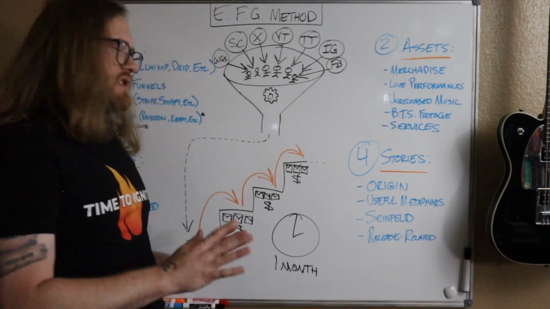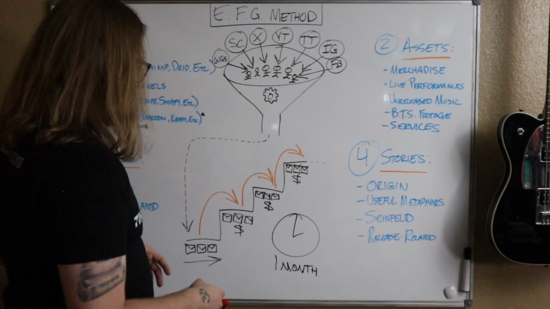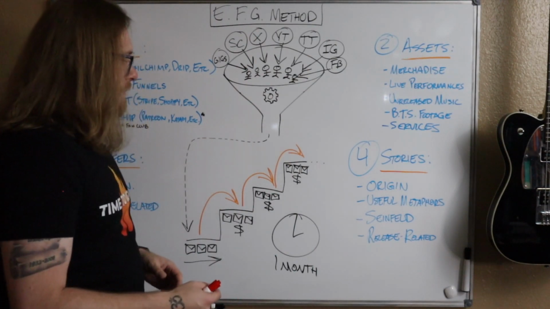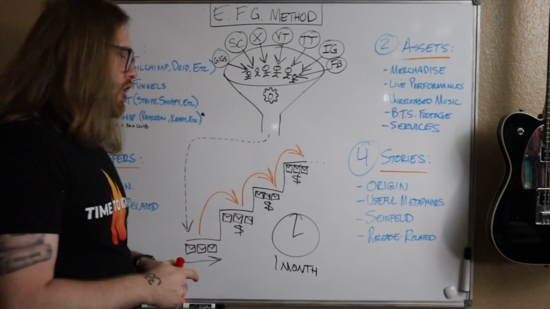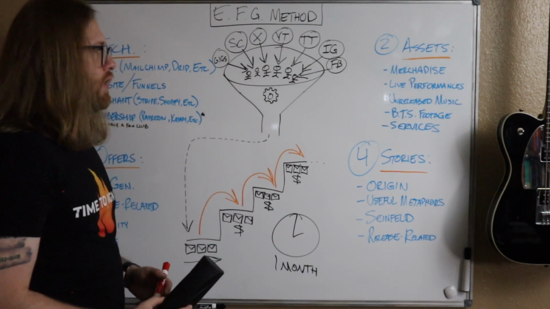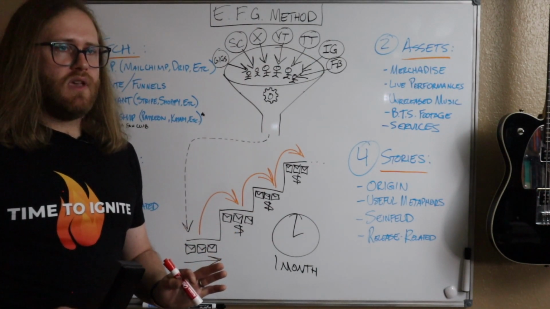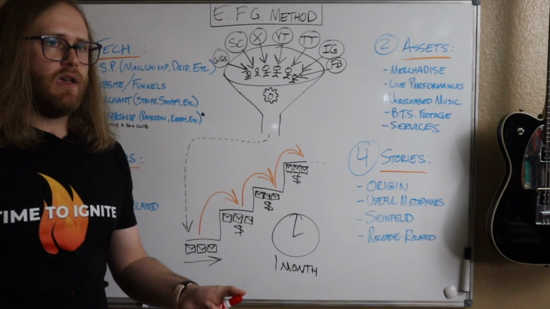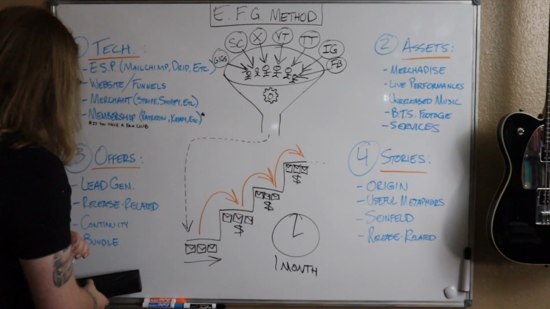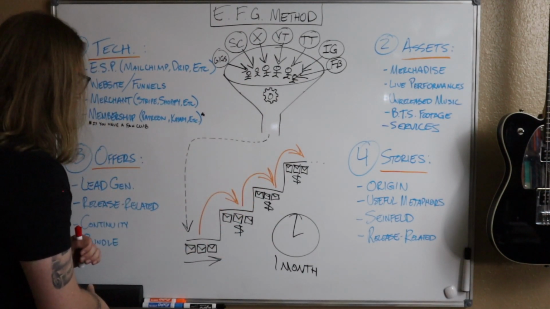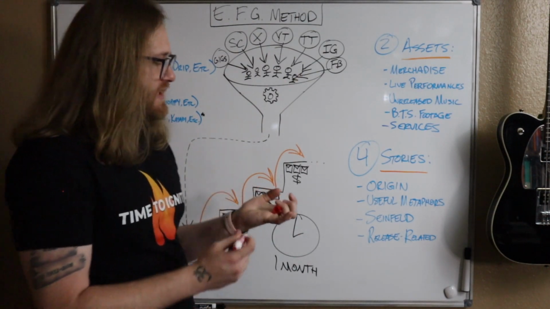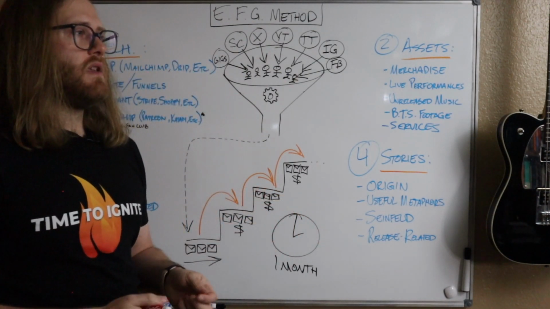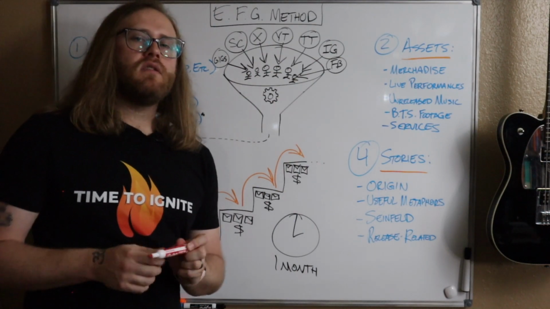So let's do a rough math prediction, okay? I'm actually going to use someone who I was on call with the other day. Now I know their experience is not the same as everybody else's, and it's kind of an extreme case, but I wanted to demonstrate how powerful this can be. So let's say you're in the predicament of having 1 million TikTok followers.